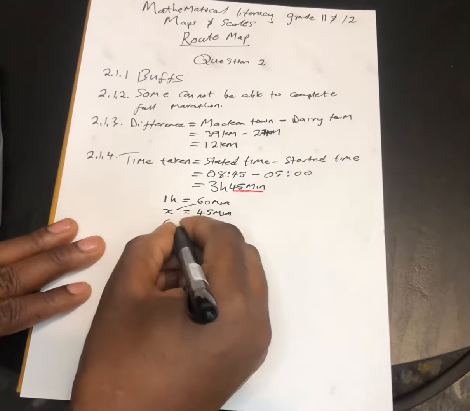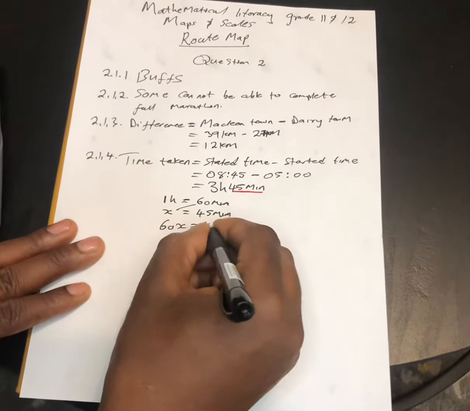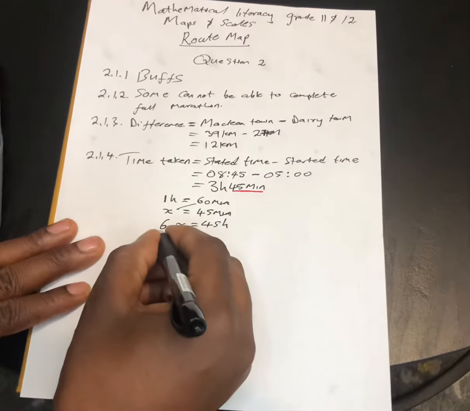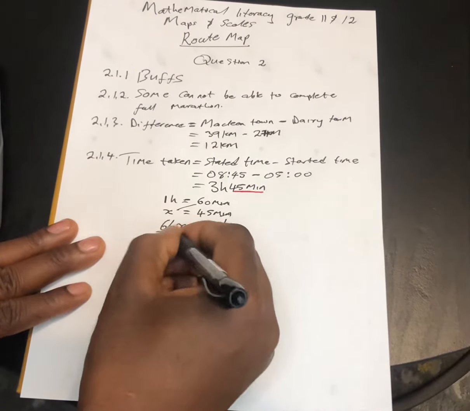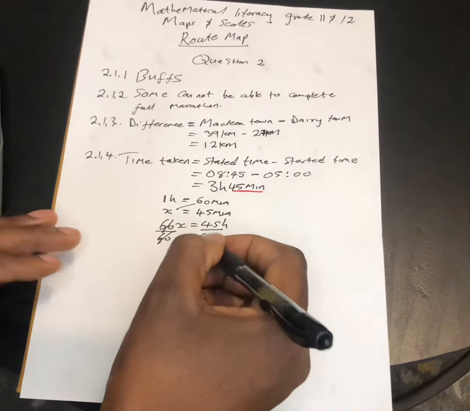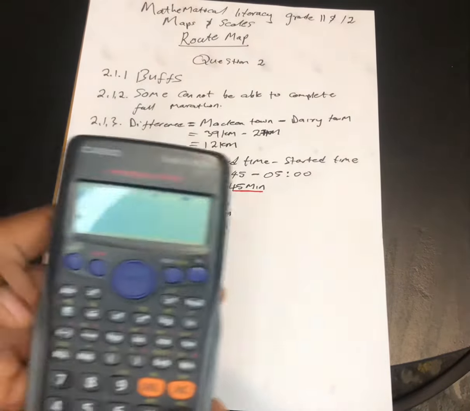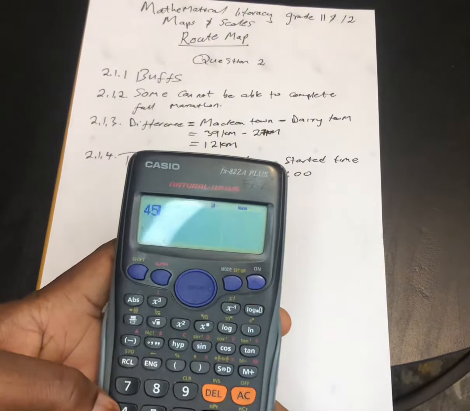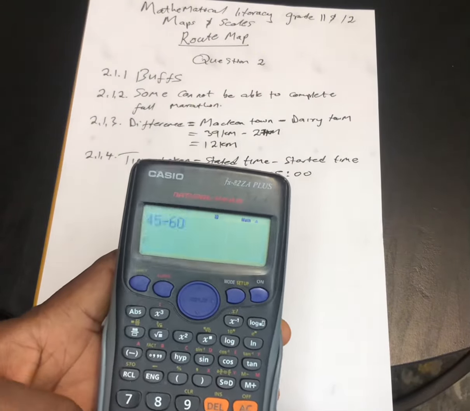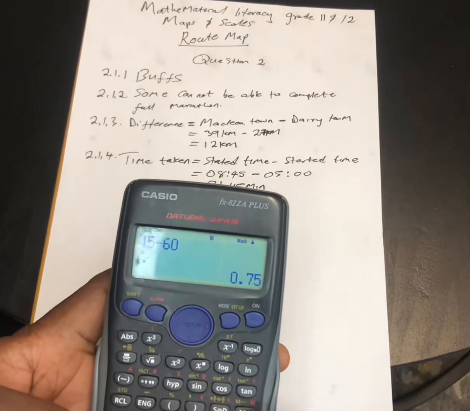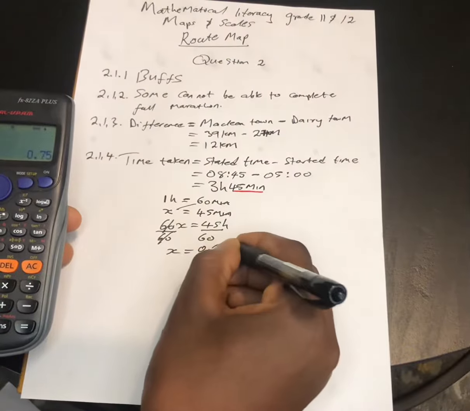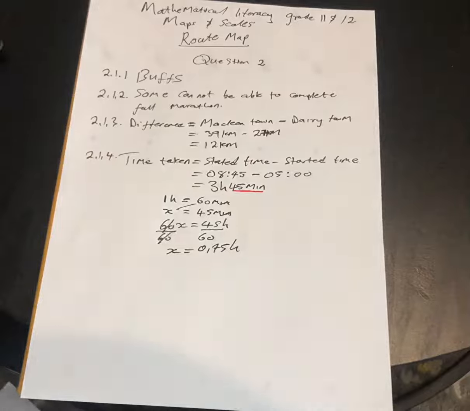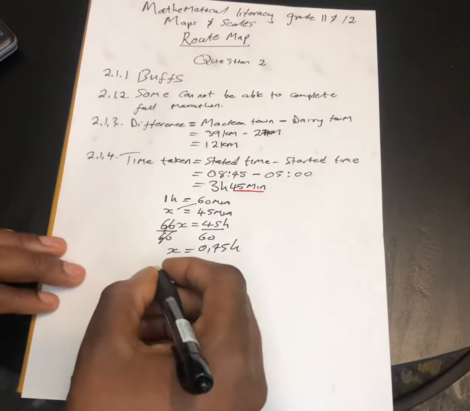We're going to get 60x is equal to 45 hours. And then we divide everything by 60. x is now going to be 45 divided by 60. We find that our answer is 0.75 hours.